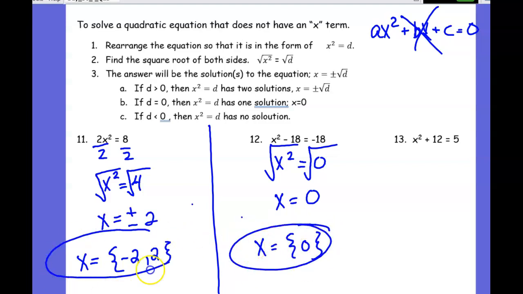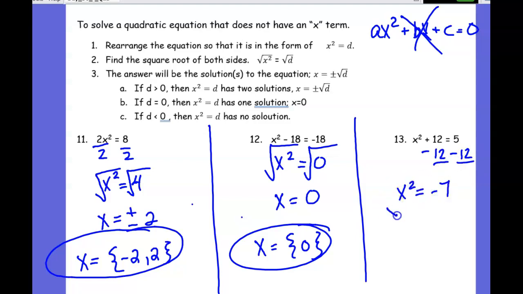Now the third example, if we subtract 12 from both sides, we end up with x squared is equal to negative 7. Well, what happens with the square root of a negative number? We don't have a solution. You cannot take the square root of a negative number. You'll get an error on your calculator.